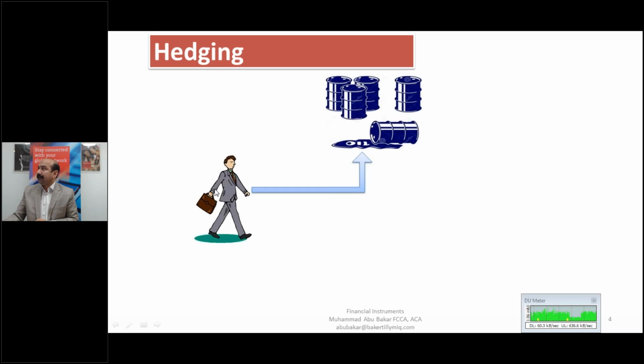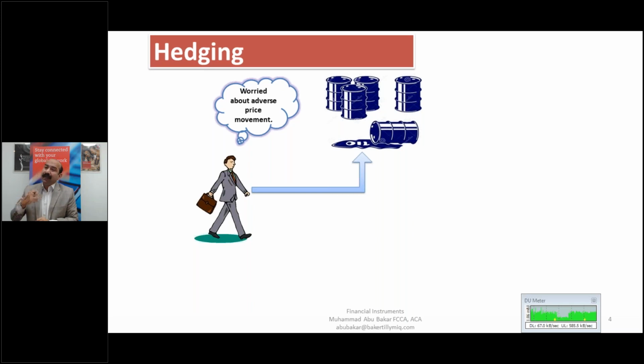Similarly, another example, we will be coming back to the earlier example. You have an inventory of oil, and you are worried about adverse price movement of oil. Today, say it is $50, but you will be selling it maybe in a month's time, and you are worried that its price may fall below $50.